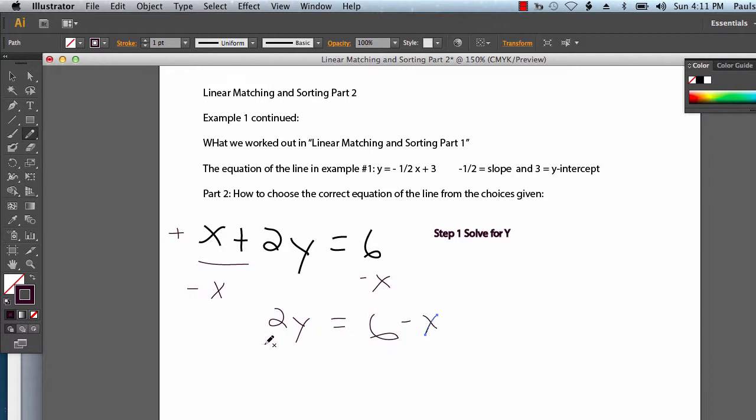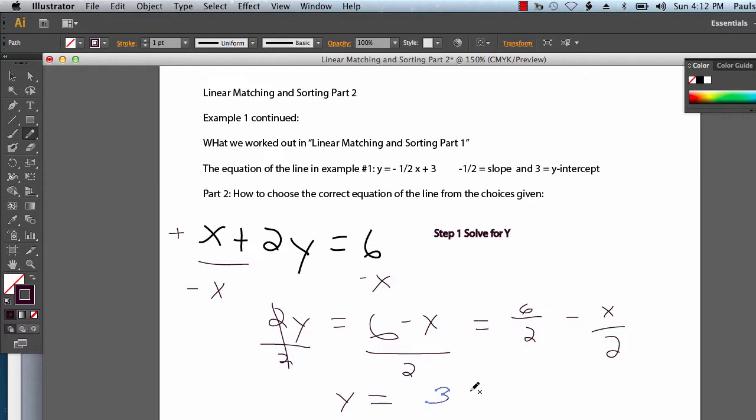So now if we divide both sides by 2, remember that you're doing 6 over 2 minus x over 2, all over 2. And what that equals is this: 2 over 2 cancels to a y. 6 over 2 is 3.